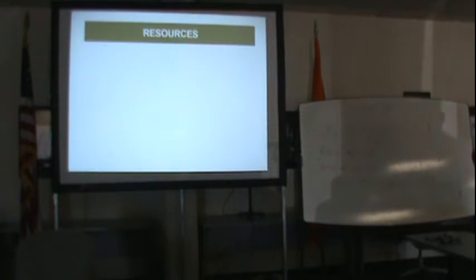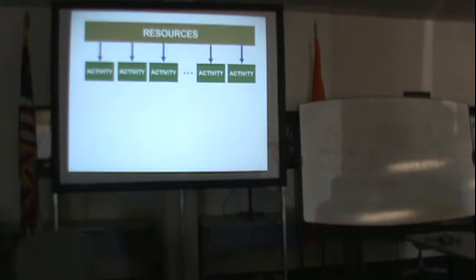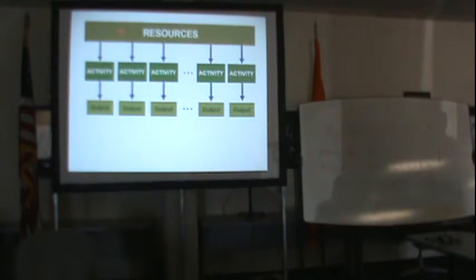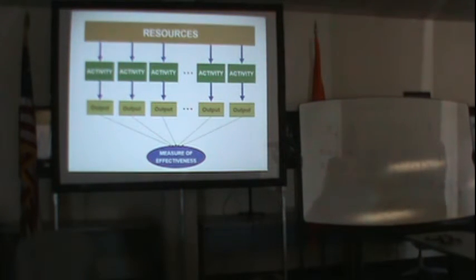Okay, now here, I'm going to go back to the problem that I was discussing before. You have these activities, and you have all these resources, and those activities perform something and give you an output. And the output is going to be measured. The output, like for example, this may be tables, window frames, doors, and so on.